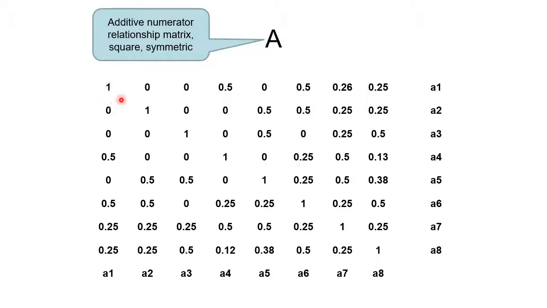So the diagonal is 1 plus the inbreeding coefficient on A. And on the off diagonal elements is the relationship of the animals amongst the animals. And this is square and it's symmetric. What you get at the right top end of the diagonal will be exactly the same as the bottom end below the diagonal.